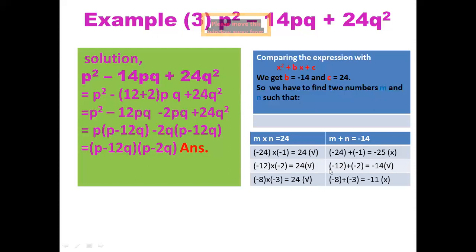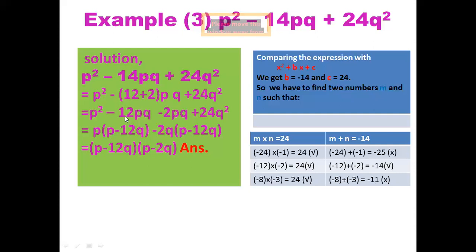Minus 12 plus minus 2 is minus 14, so both remarks are correct. Minus 8 into minus 3 is 24, which is correct, but minus 8 plus minus 3 is minus 11, which is incorrect. In the second one both remarks were correct. That's why in place of this minus 14 we have to use minus 12 plus minus 2.